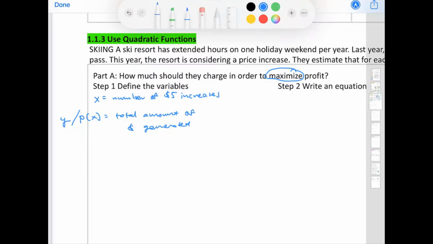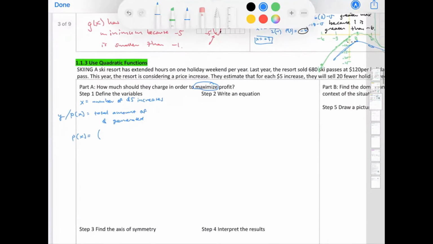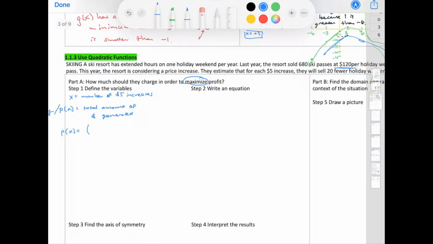Okay, so if I write an equation, P of x, and I say that P of x is equal to the price of each pass, which was $120. So a pass costs $120. But there is a $5 increase for the number of increases.